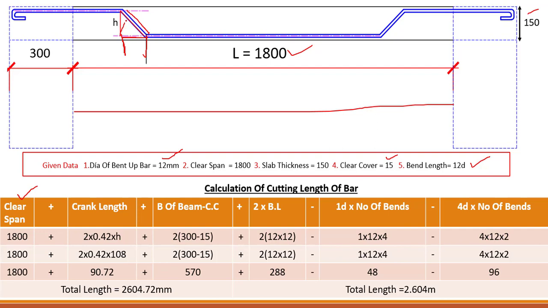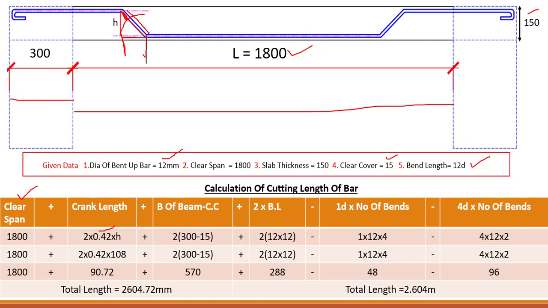Okay, if I draw an arc over here, the remaining part is this one, and this is what we need to find out through this formula, 0.42 into H. And remember, if the angle is 45 degree, then we will use this one. Okay, so this is the portion that we will find out, and this whole is called the crank length. So what is this? Clear span, in to in span, plus crank length, plus breadth of beam.